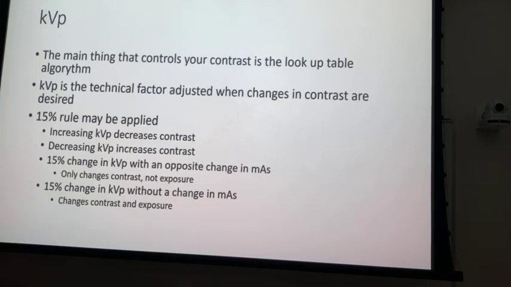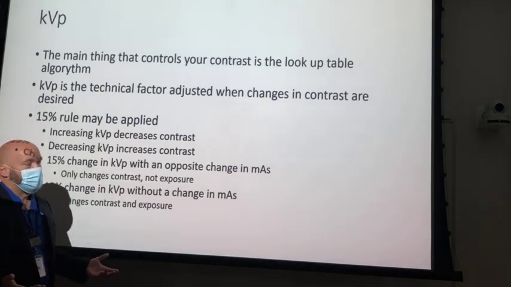So in the 15% rule, or in changing kVp to affect image receptor exposure, read the questions carefully. What you're going to see is one of two things. You want to change your scale of contrast and maintain the same density or image receptor exposure. Then you're going to use your 15% rule.